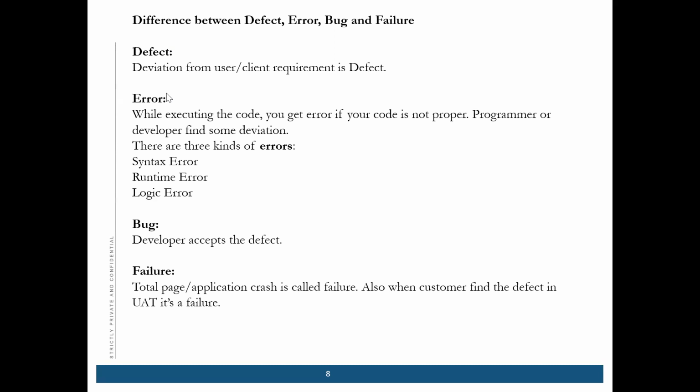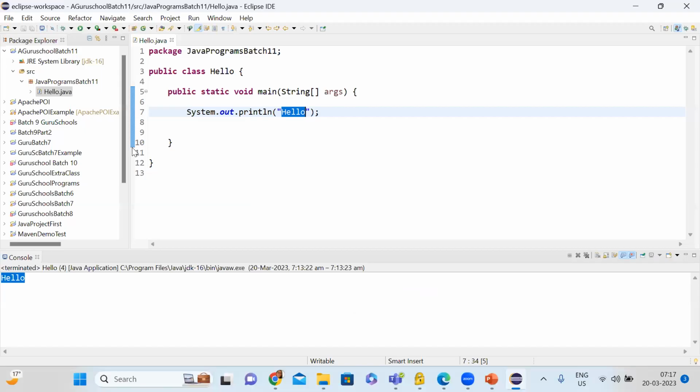An error is found when we execute our script, whatever is shown in the console, like an exception error, when we get exception handling.